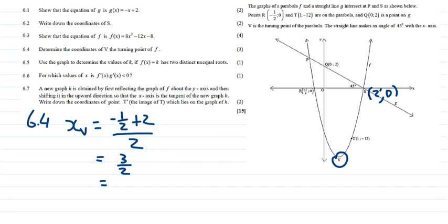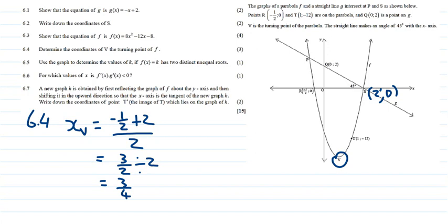The numerator is 3 over 2 here. Can we agree on that? Minus half plus 2 is 3 over 2. So x is 3 over 2. Right? So now I'm dividing this by 2 and I'll have 3 over 4. So that's the correct answer.